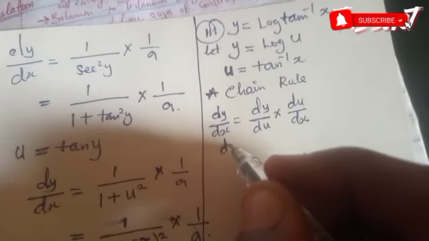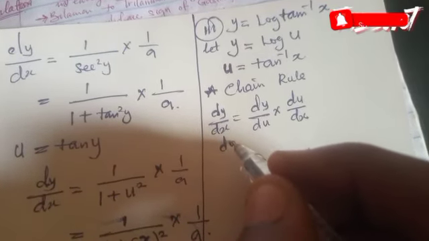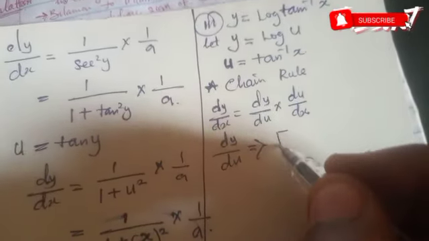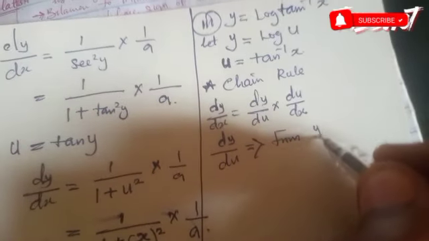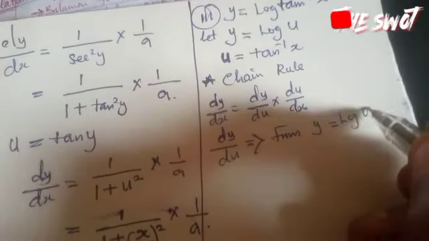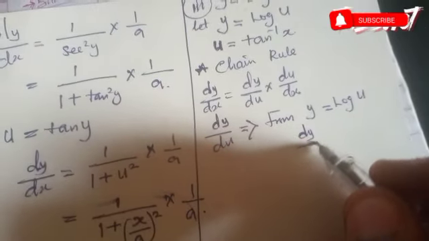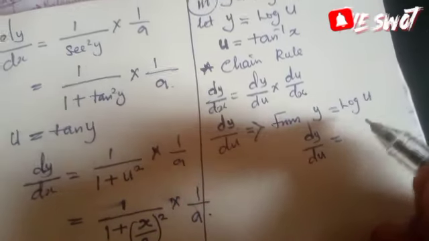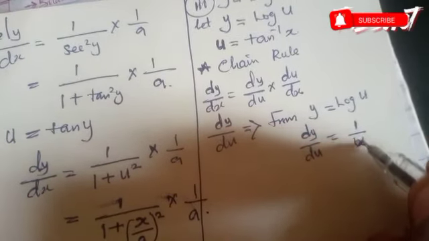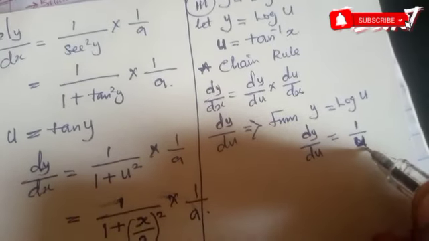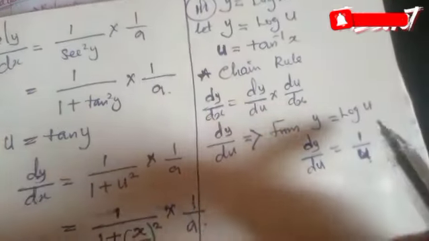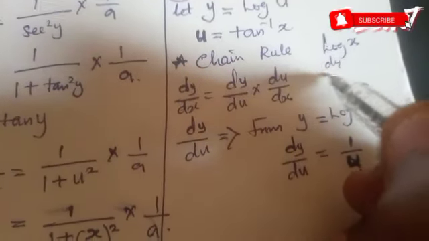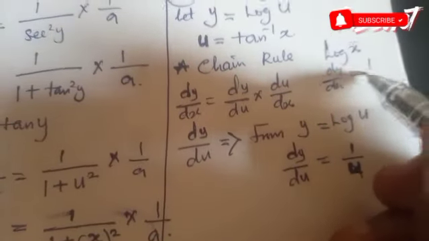So what's our dy du from y equals log u? dy du, so you get y in respect to u will be 1 over u. This is another thing you should know: when you have log x, the dy dx of log x is 1 over x.